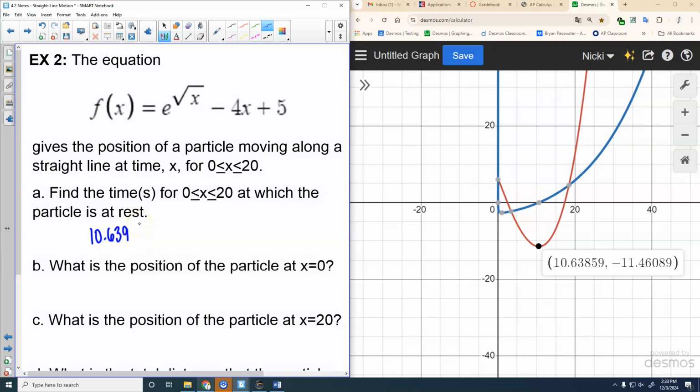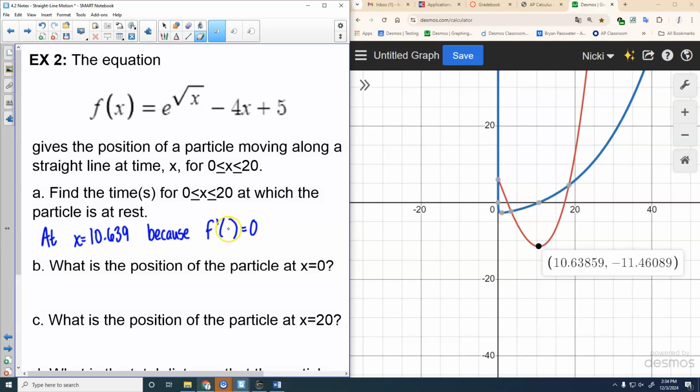They don't give units on this, so you can leave them off. They use an x for time, so you would say x equals 10.639. And if you have to give a reason, I'd say because f prime of x equals 0. Oh, no, don't do f prime of x.